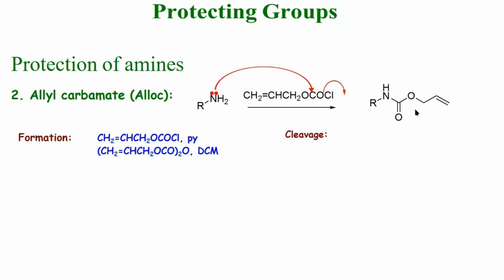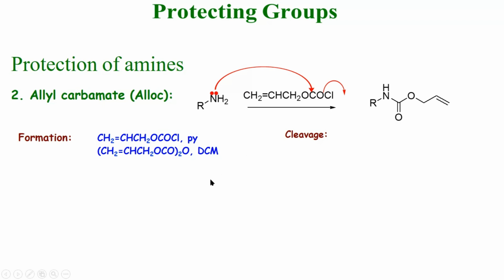The same reaction can be carried out by using allyloxycarbonic anhydride in place of allyloxycarbonyl chloride. When I use allyloxycarbonyl chloride, HCl is released, and that HCl should be neutralized. That's why I use pyridine, which I represent as Py. When I use allyloxycarbonic anhydride, I use DCM as the solvent.